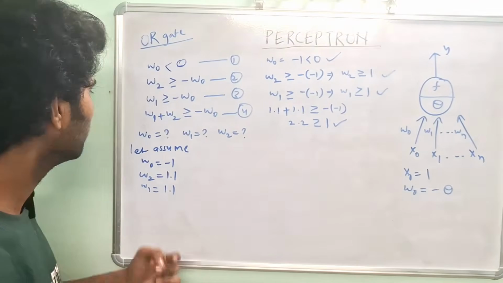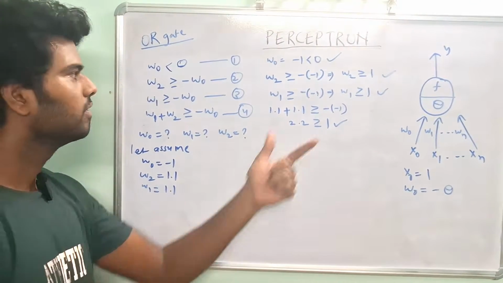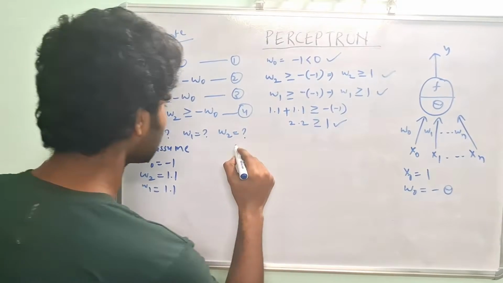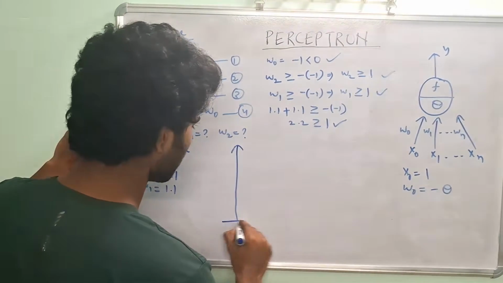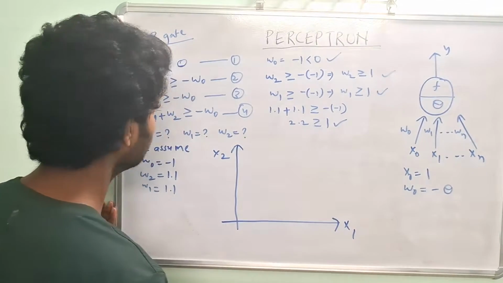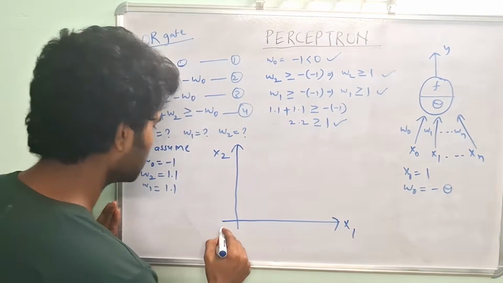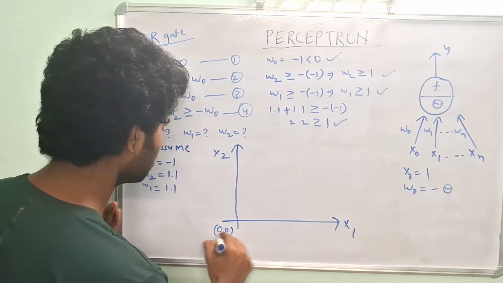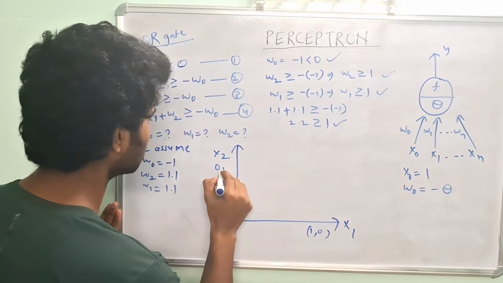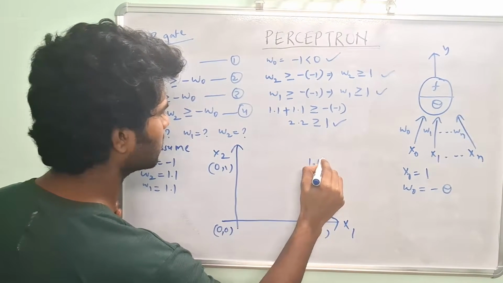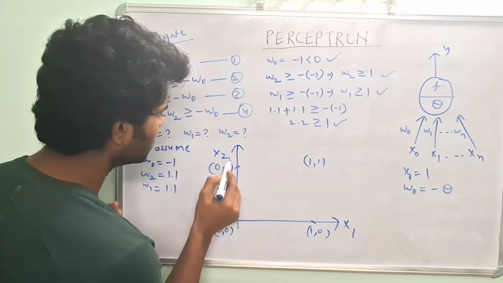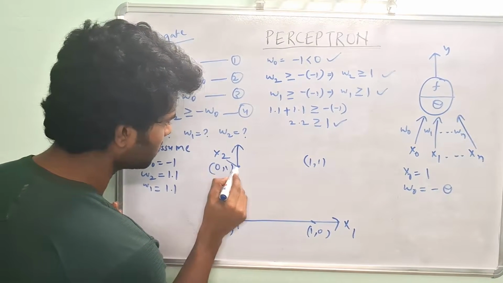So now we will represent these four equations on the graph. x1 x2: this is 0 comma 0, 1 comma 0, 0 comma 1 and 1 comma 1. Already we have seen in the neuron, this is a straight line.